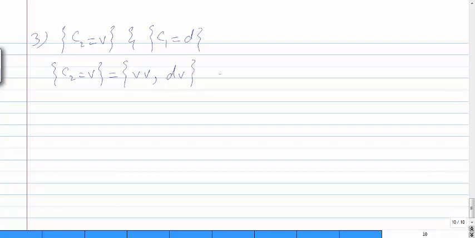Similarly, the next one, C1 equal to D, includes DD and DV.